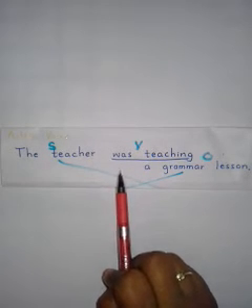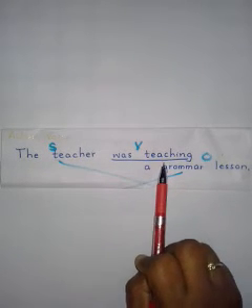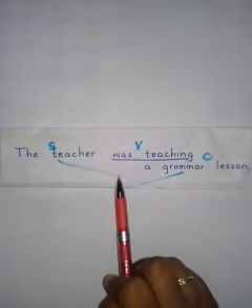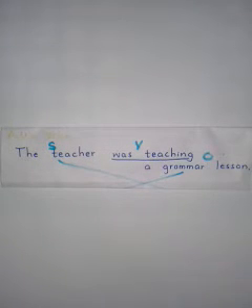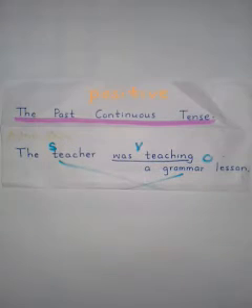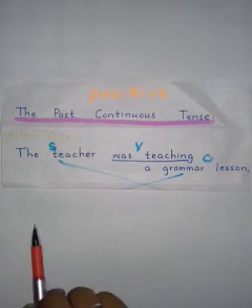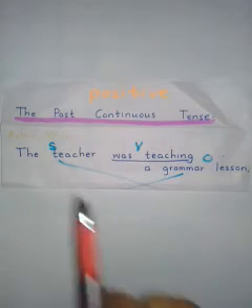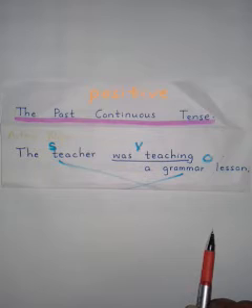Was or were plus the present participle, the ing form, applies to the past continuous tense. Now, as your second step, object to the front and subject to the place of the object.